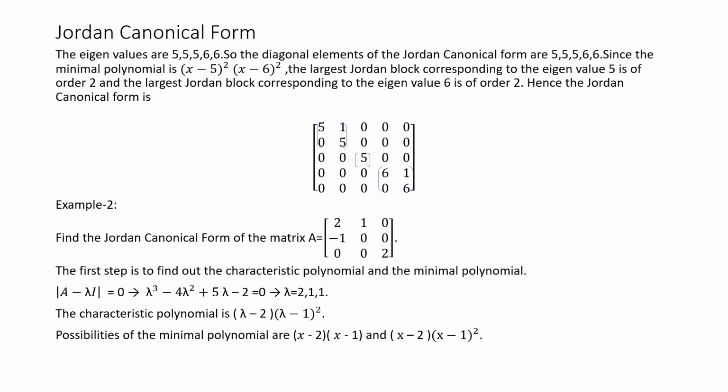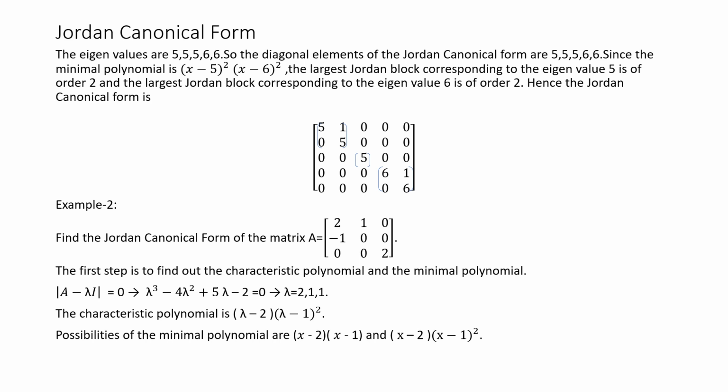The minimal polynomial is given as (x minus 5) the whole square into (x minus 6) the whole square. This will determine the order of the largest Jordan block corresponding to each eigenvalue. Corresponding to the eigenvalue 5, the factor is x minus 5 and the power of x minus 5 in the minimal polynomial is 2.